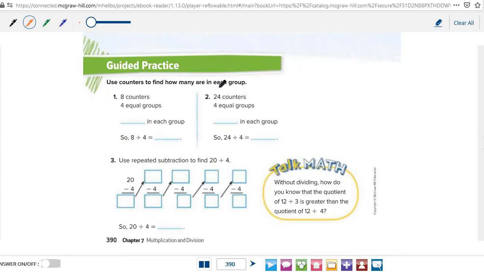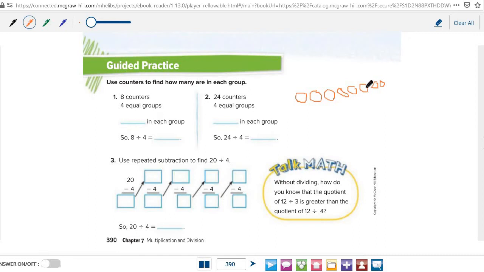Use counters to find how many are in each group. Here we have 8 counters, 4 equal groups. Again, you can draw or you can have 8 counters, just like this. To divide these counters into equal groups, we can divide the whole group at the beginning into 2 equal groups.